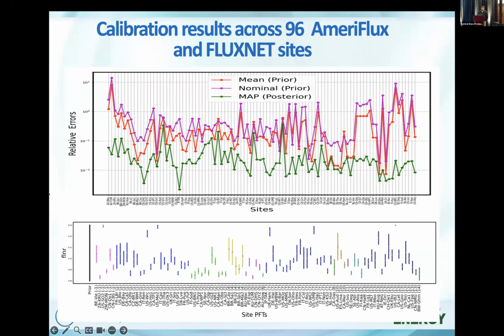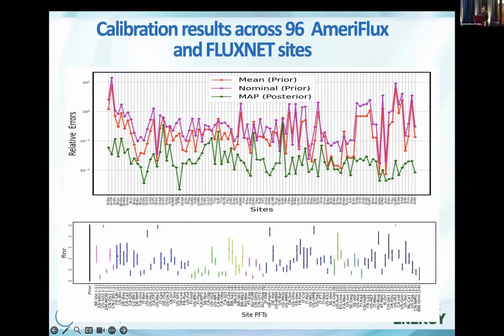And then on the bottom here is the prior and posterior ranges of this FLNR parameter. The prior is given by this big black bar, so that's the entire range that we sampled over. And then for all of the 96 sites, these are the posterior calibrated ranges.